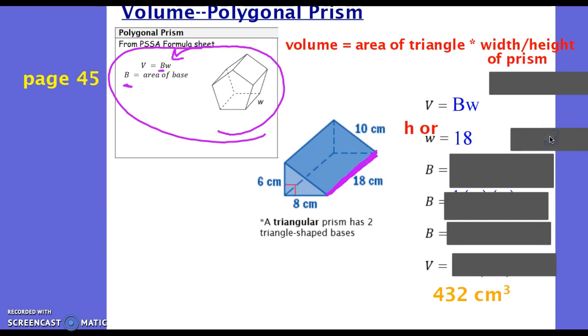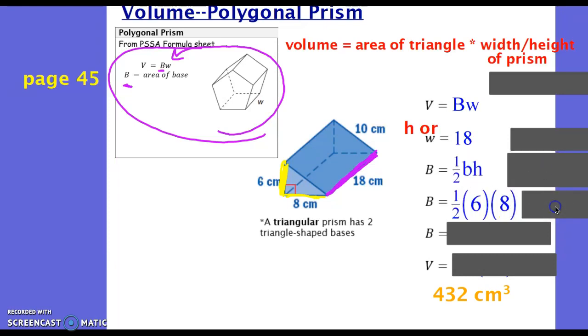The area of the base, if we do 1/2 base times height, remember that in a triangle, the base and the height are the sides that come together that are perpendicular. So this is the height, this is the base. We do base times height, and then we divide it by 2 or multiply by 1/2. 1/2 base times height. So it's 1/2 of 6 times 8.